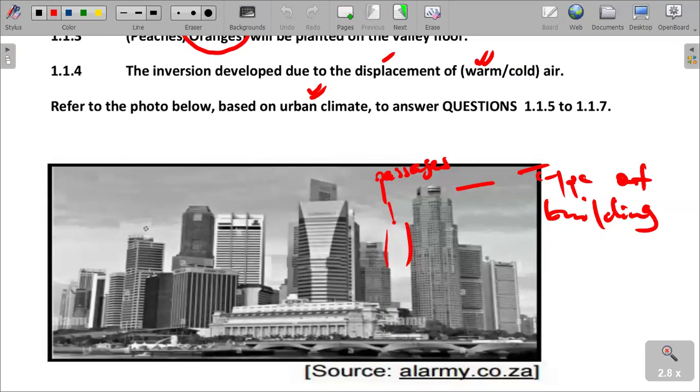We have got a lot of buildings that you can see here. Some of them are air conditioned. We talk about the building materials that are used. All these are artificial materials that are resulting in the formation of urban heat island.